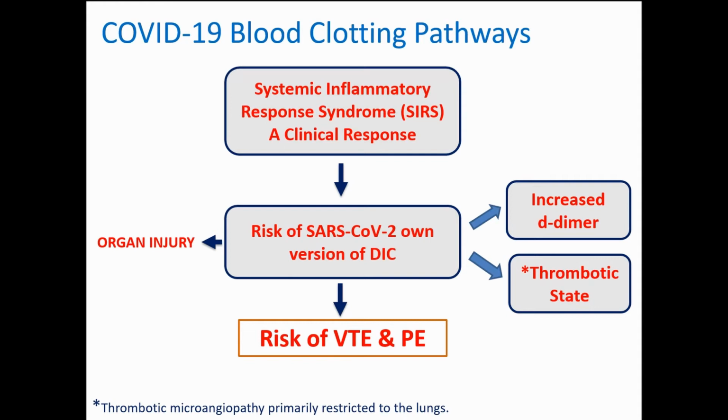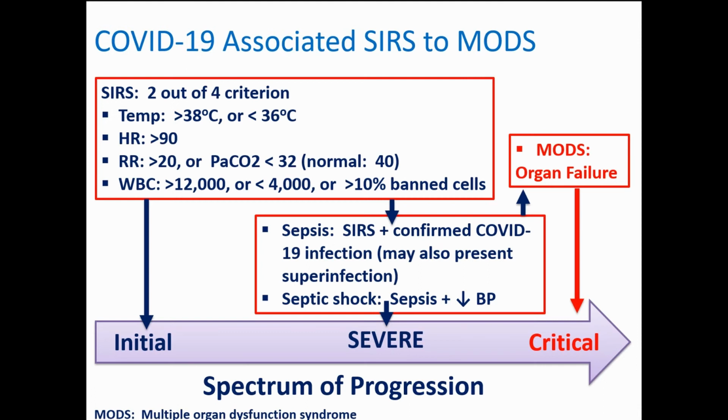But let me tell you, many papers, especially those published in the past 2 months, really establish the value of D-dimer as perhaps a selective inflammatory marker. So this is a non-cytokine inflammatory marker, and I would be happy to hear from you in the discussion.